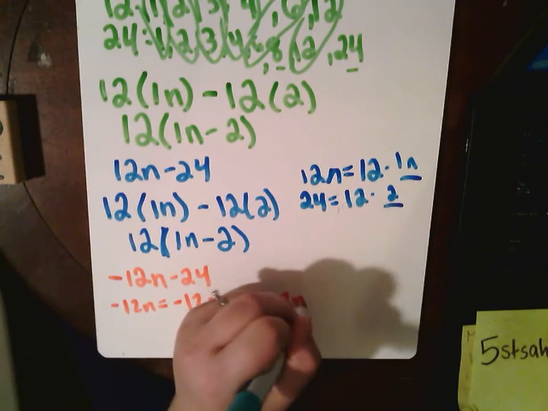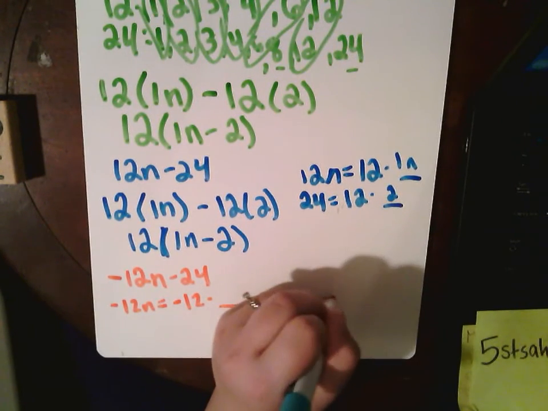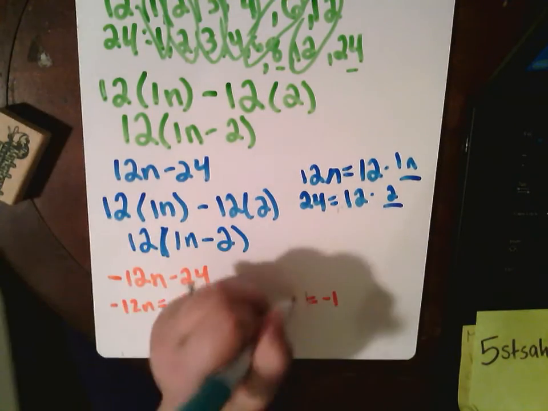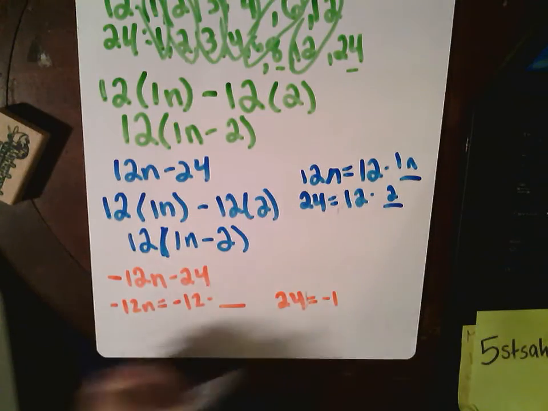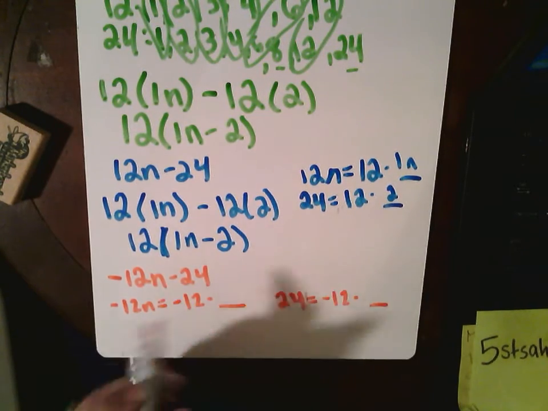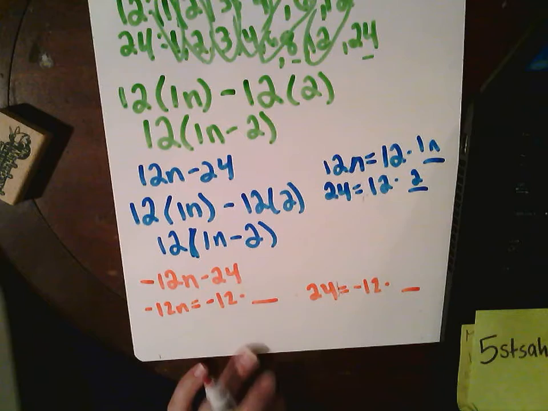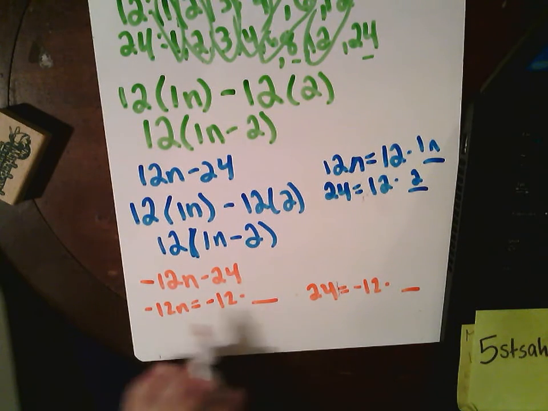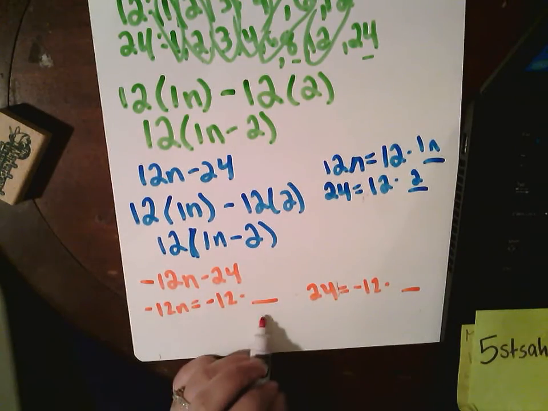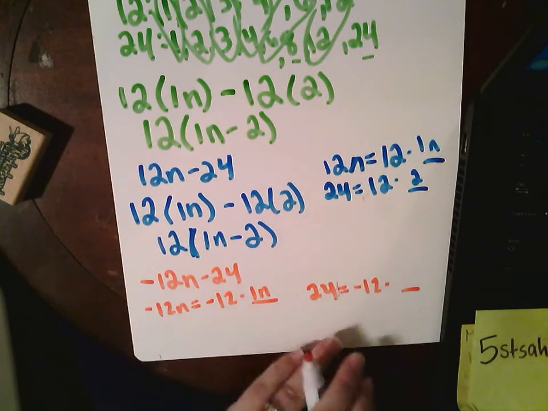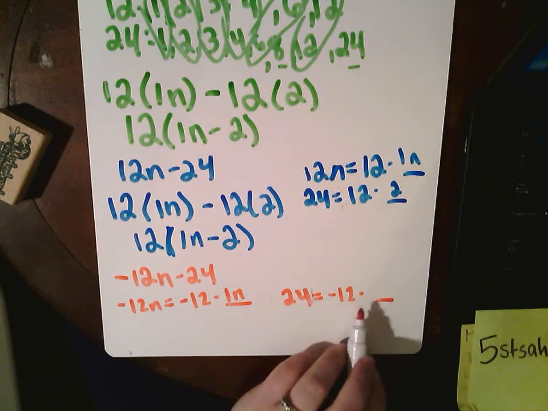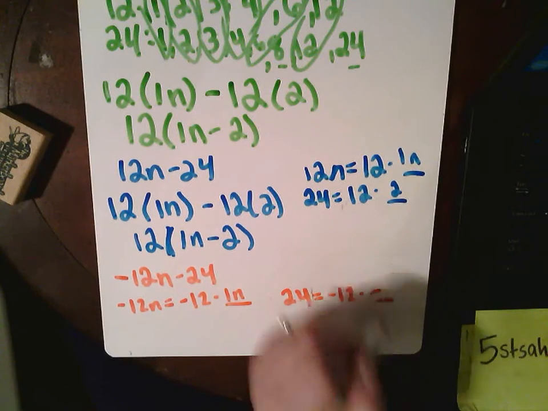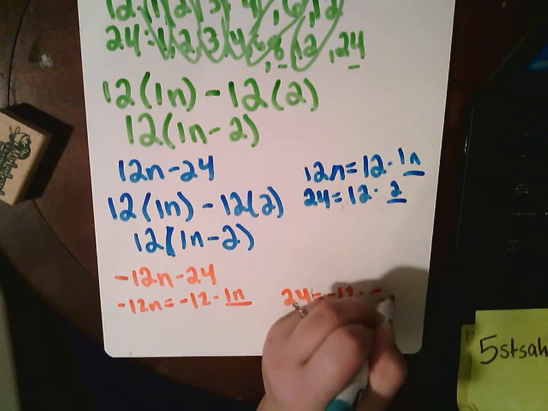Negative 24 equals negative 12 times what? So right here I get a negative times a positive, gives me that negative, so that's going to be a positive 1n. Negative 12 times what gives us 24? Negative times a negative gives me a positive, so that'll be a negative 2.